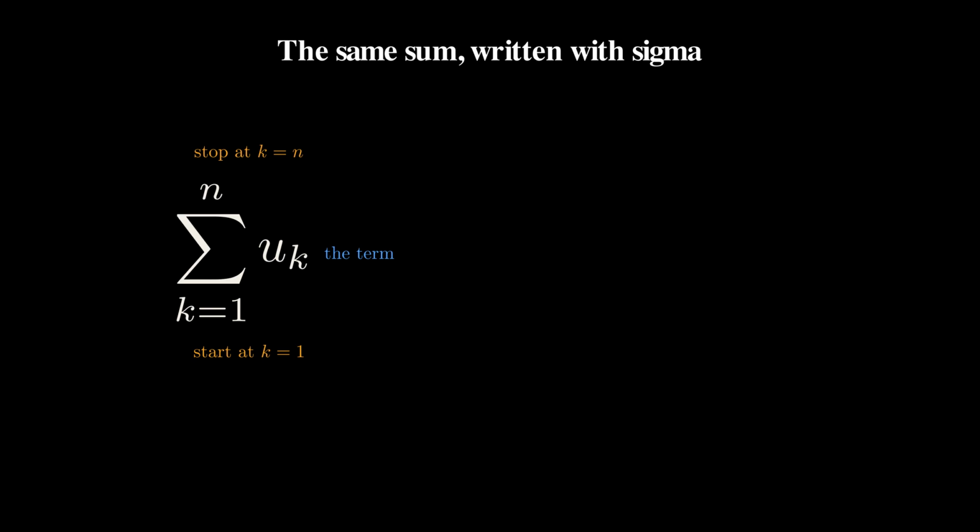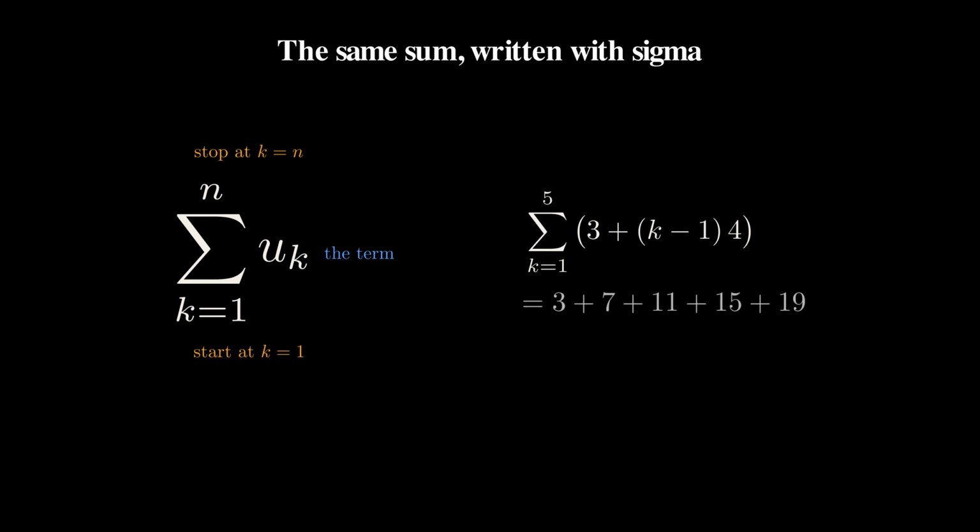So our 5-term sum becomes sigma, k from 1 to 5 of 3 plus k minus 1 times 4. Let k run from 1 to 5. Write out the terms. And we're back to 3 plus 7, plus 11 plus 15 plus 19, 55. Exactly the same sum, just folded up neatly.